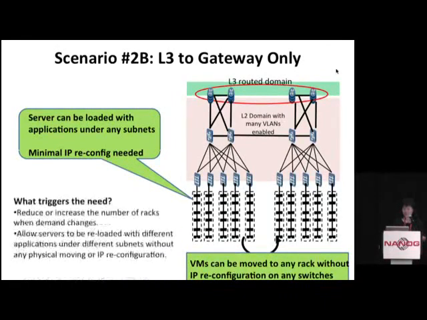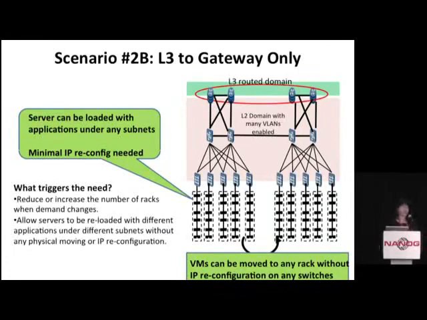So what triggers all those needs? What we have seen is that with lots of newer data centers, the demand goes up and down. And this is especially true for some data centers with multi-tenants. And as demand goes up and down, they need to consolidate their usage into a smaller number of racks when the demand is low, so that you can shut down some of the racks, and expand to more racks when the demand goes up.